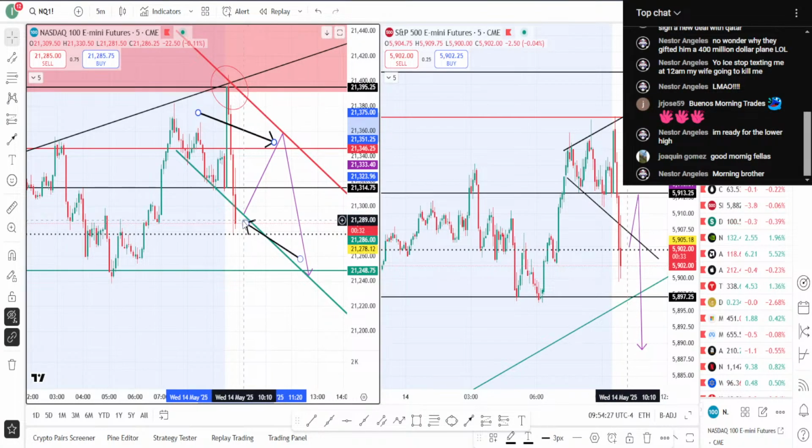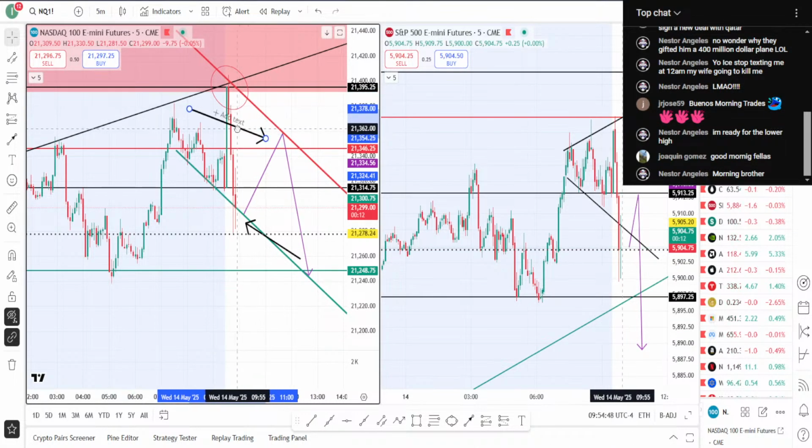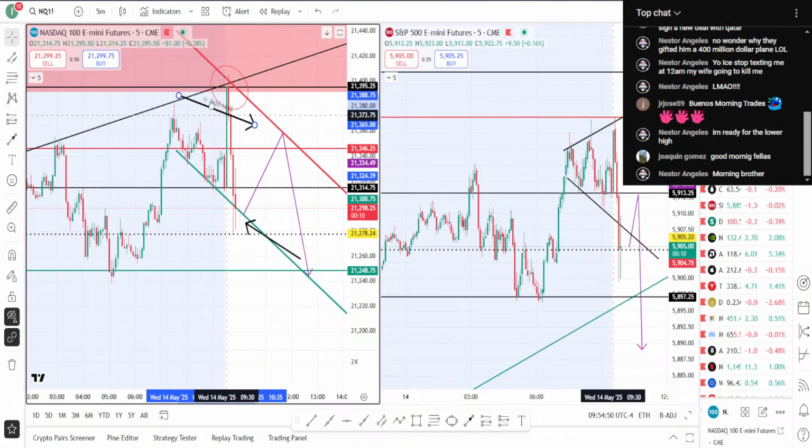And then price maybe comes down a little bit and starts to push up and takes you out of your position. You'll take a loss because you're selling at the bottom, at support. This is what you need to be looking for. You need to focus your energy on finding that lower high.